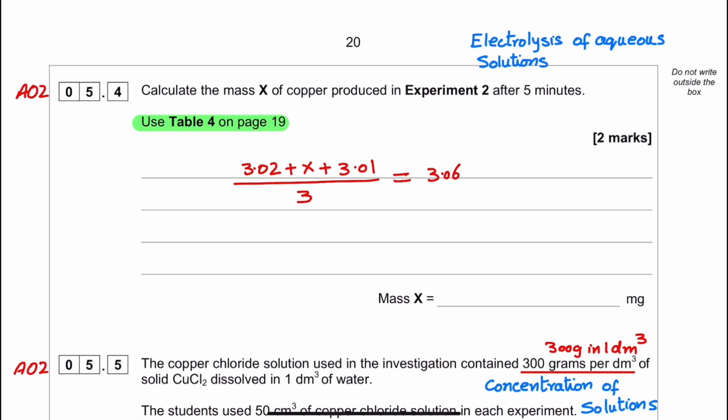We need to rearrange these values. This 3 will go on the other side to make x the subject. 3.02 plus x plus 3.01 equals 3 times 3.06.